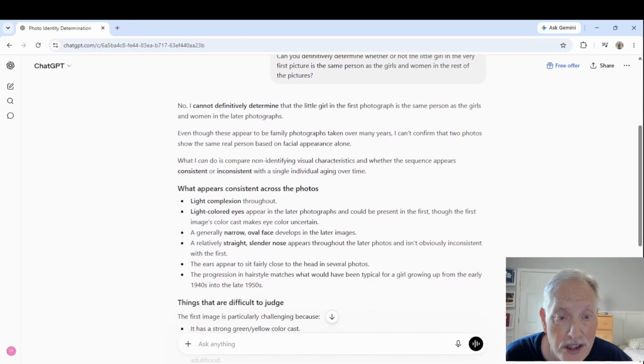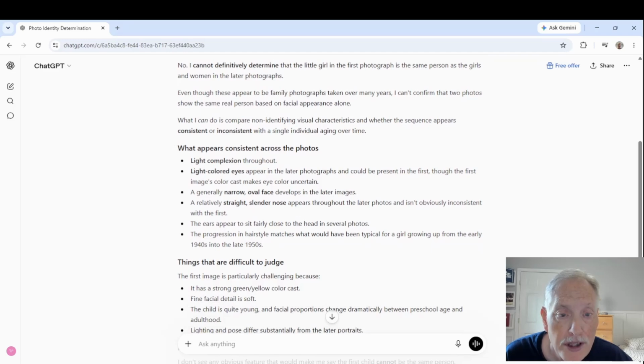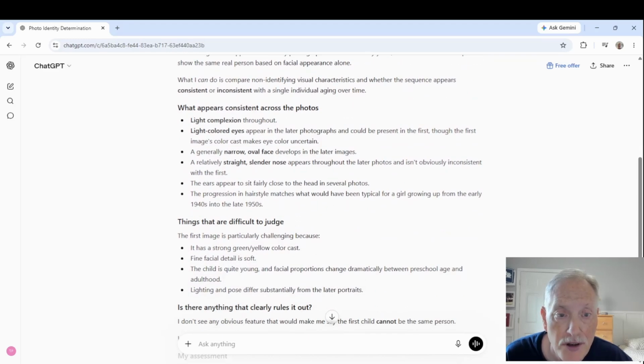What I can do is compare non-identifying visual characteristics and whether the sequence appears consistent or inconsistent with a single individual aging over time. What appears consistent across the photos? Light complexion throughout. Light-colored eyes appear in the later photographs and could be present in the first, though the first image's color cast makes eye color uncertain.